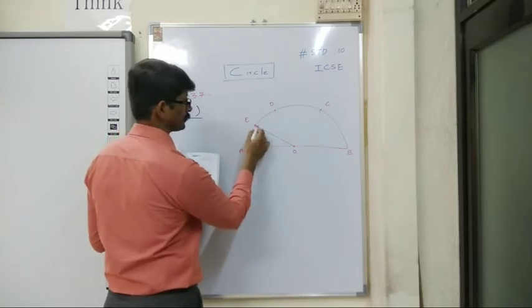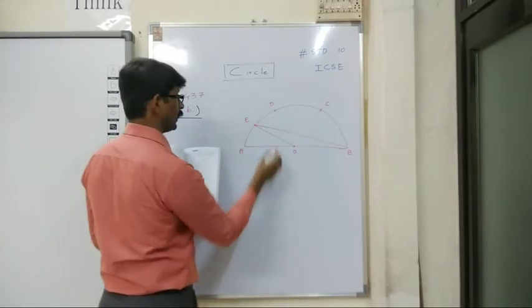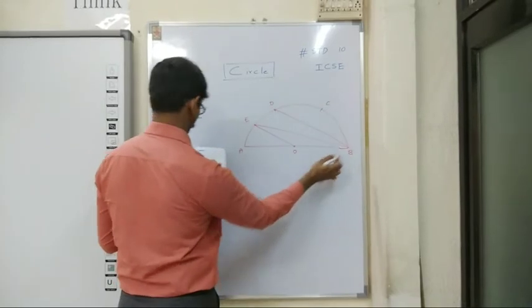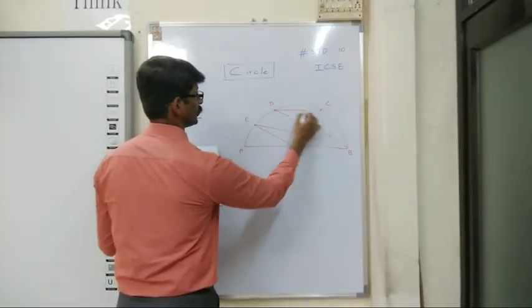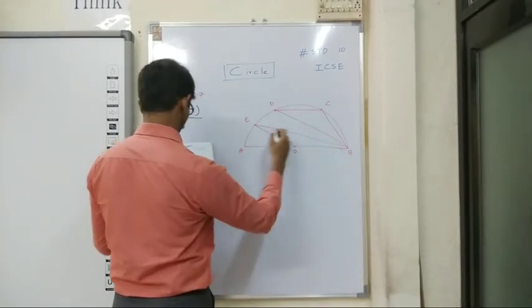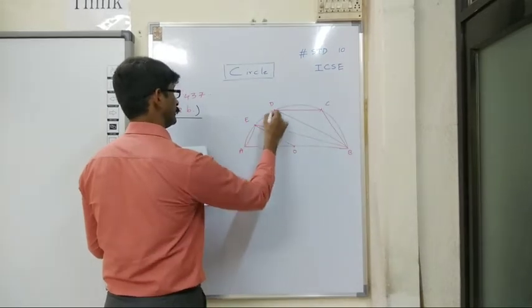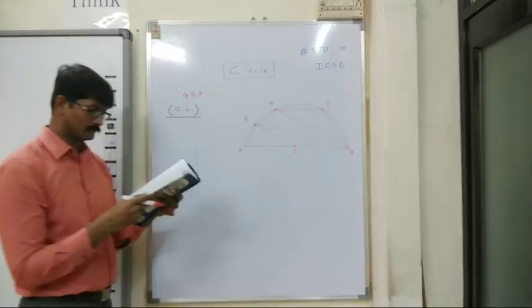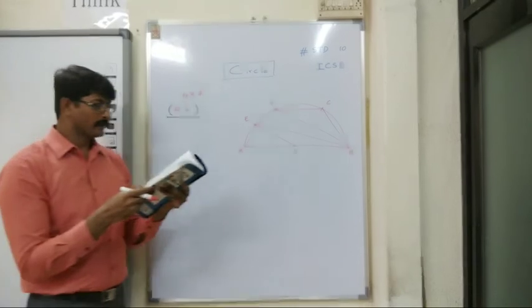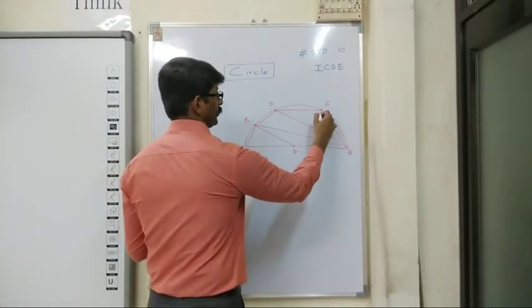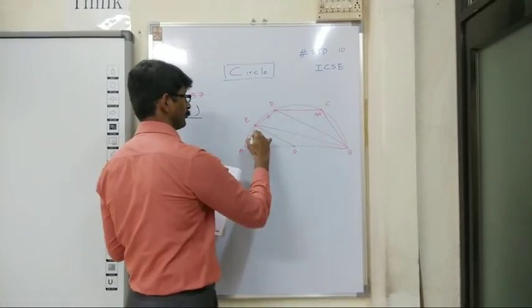This is also joined with this point B, and this is also joined over here. You join this and this and this and this. So what all things are given over here? This is 140 degrees. This is given, this chord is equal to this chord.